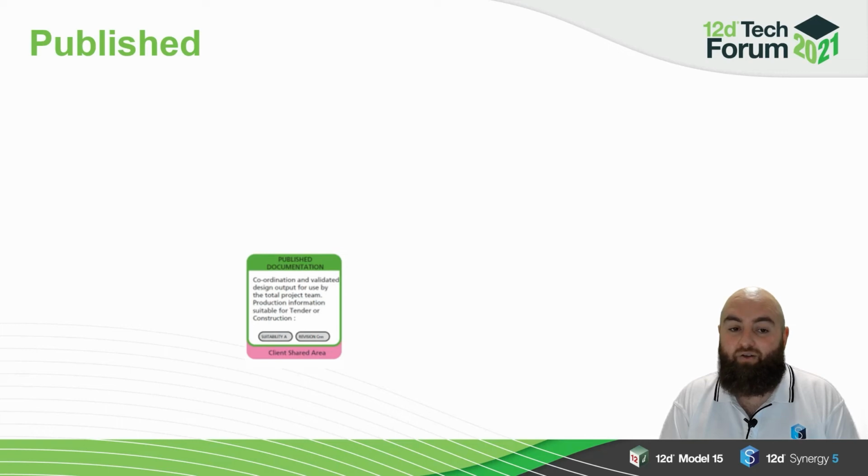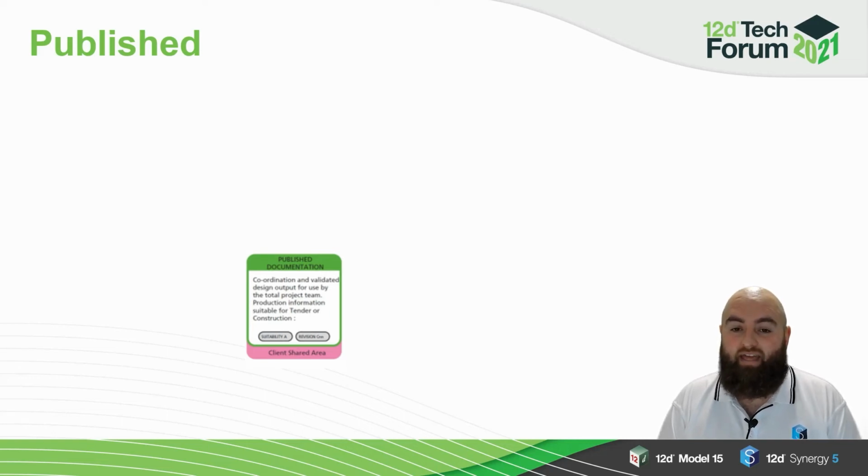Teams that are relying on the delivery of a digital asset to be consumed within their own WIP projects, they can now consume this into their CDE and they can move it into their own WIP state, unless you're in a full design to construct CDE, in which case the commonly used method here from a 12D Synergy perspective would be internally publishing it to the contractor job for the surveyors to use, for example.